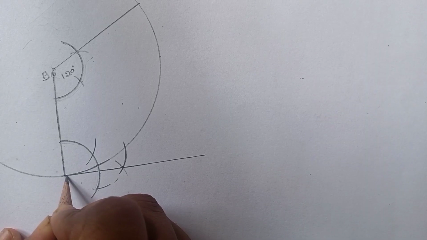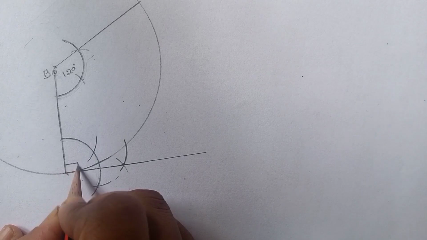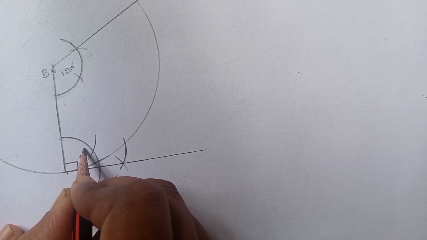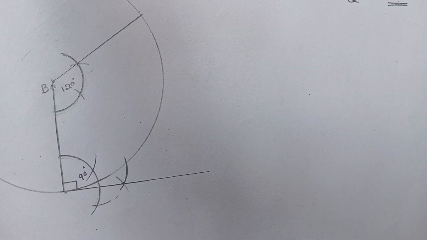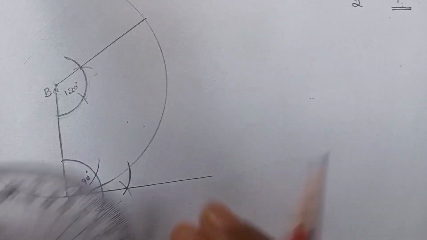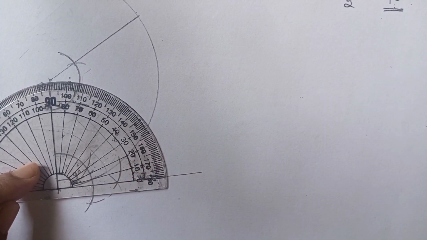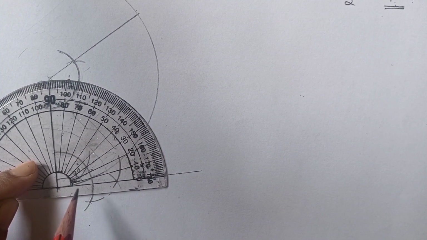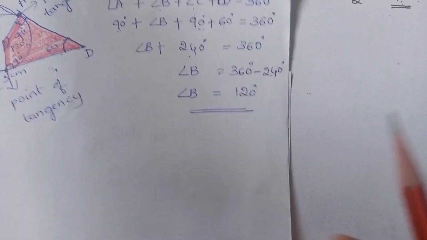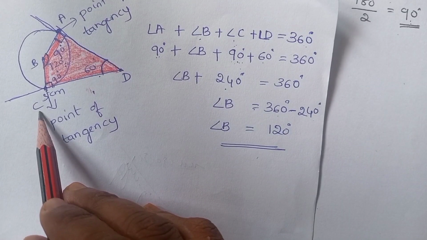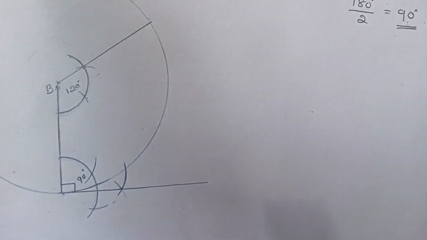This angle measures 90 degree. You can verify this by using the protractor. You can see that it measures 90 degree. Let us name this point as C.